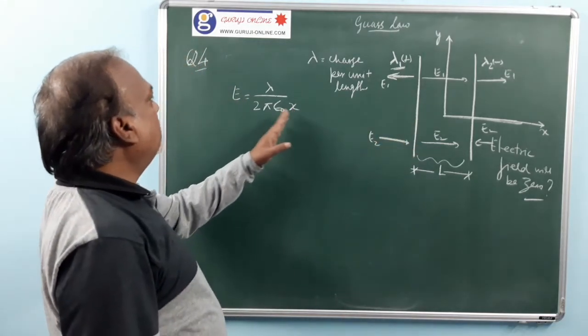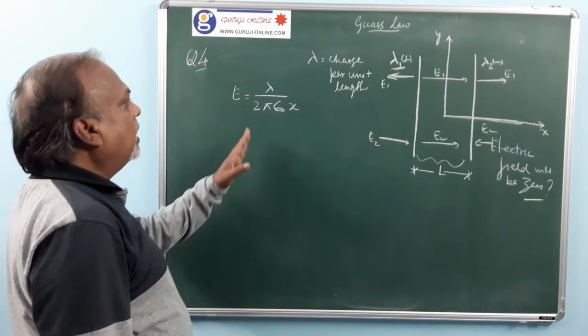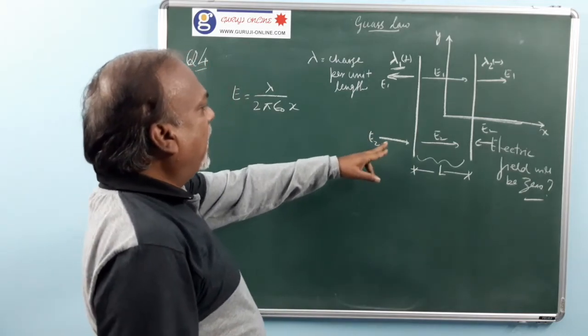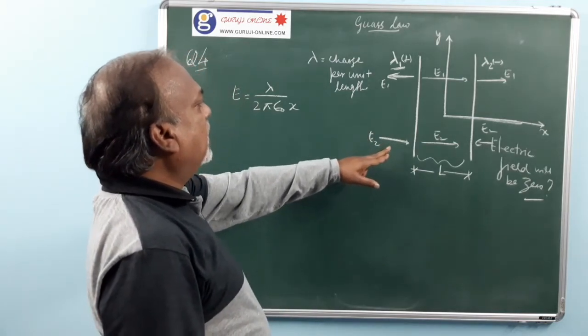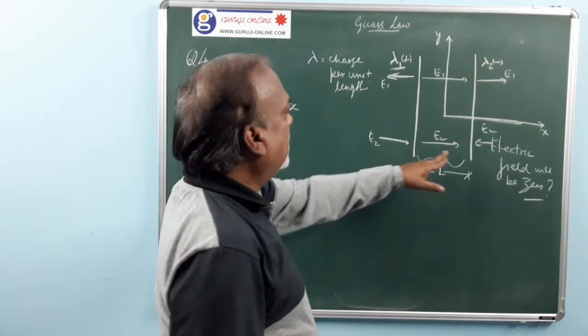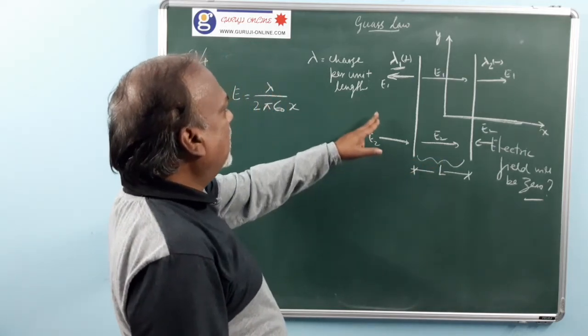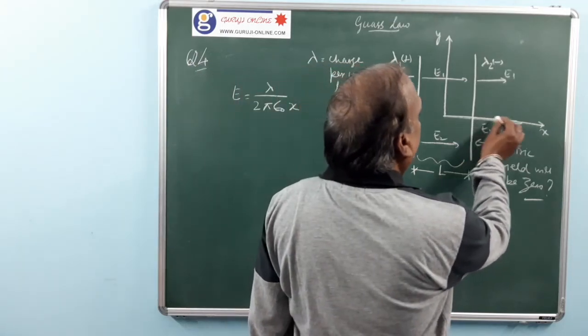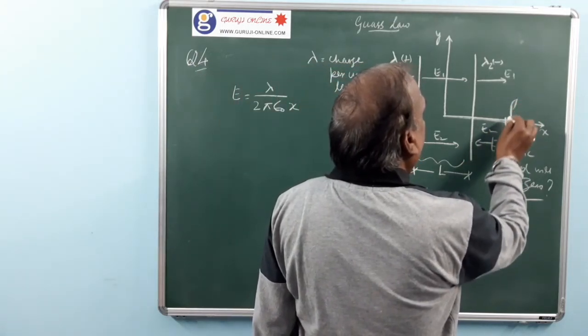As the x increases, electric field decreases. But this component is more here, and this is less because it is at a distance. So naturally, the only portion we have is this portion.